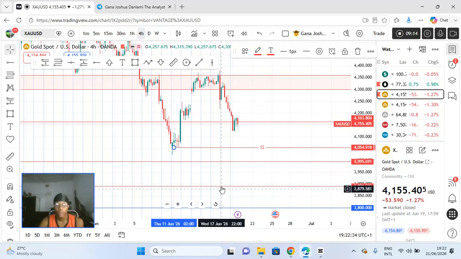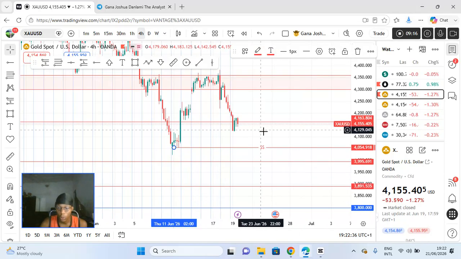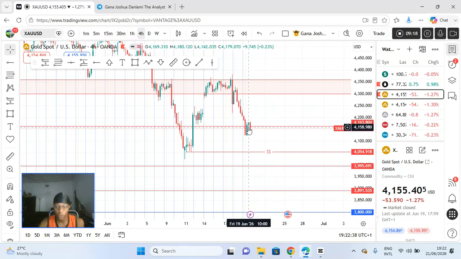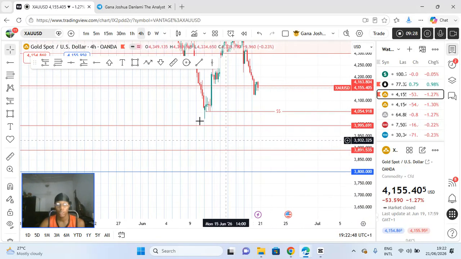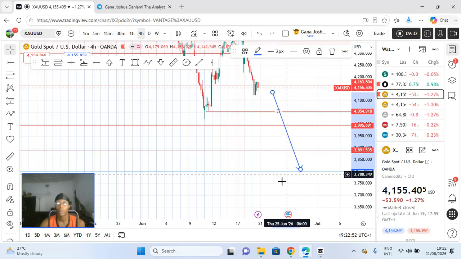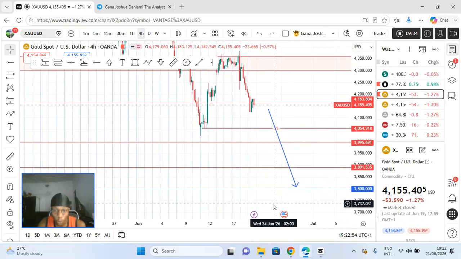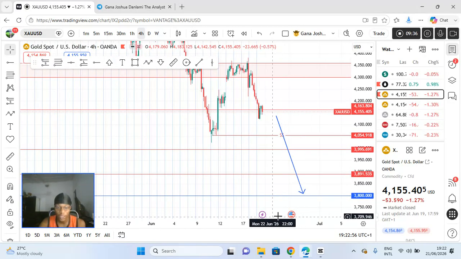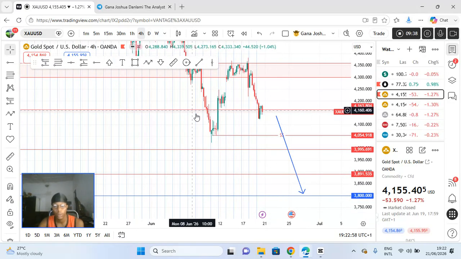Price closed last week at 4,155, and let's see how it goes. Maybe the market open is going to continue bearish, we don't know, but there's a whole lot of money that gold would want to tap before it reverses reasonably to the upside.